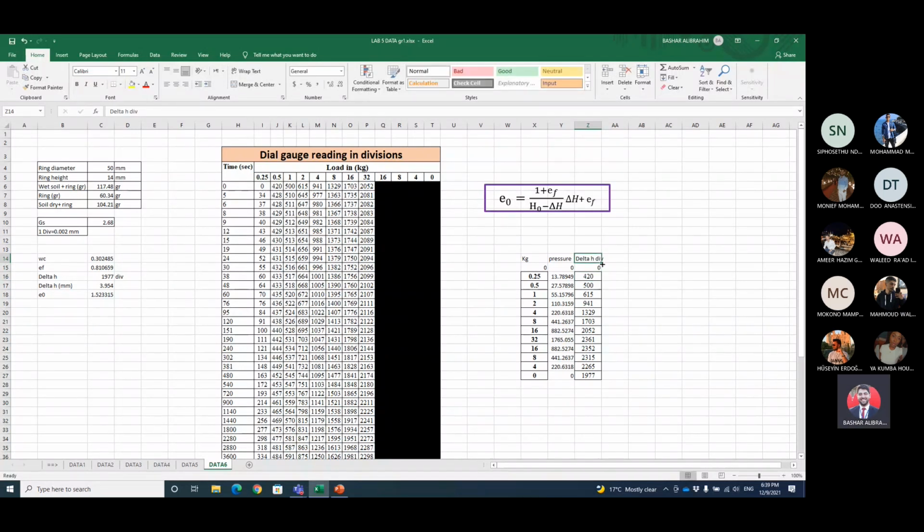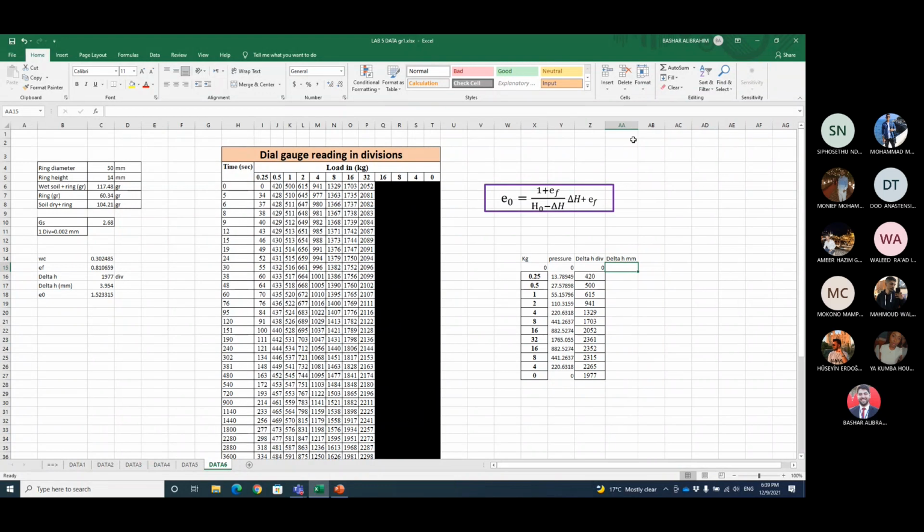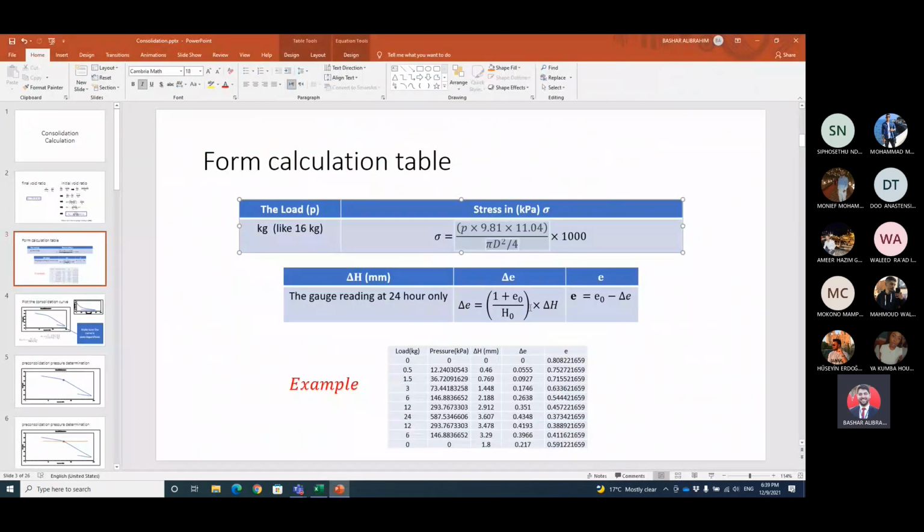Then I need to find delta H in millimeter. So it is the division times 0.002. Click and drag. We get the change in height. Then I will check the formula for delta E. So delta E is 1 plus E0 divided by H0 times delta H. So let me copy this.